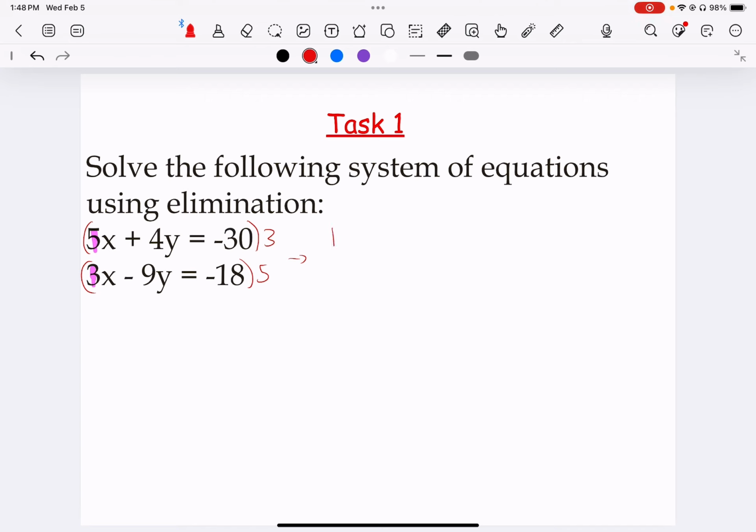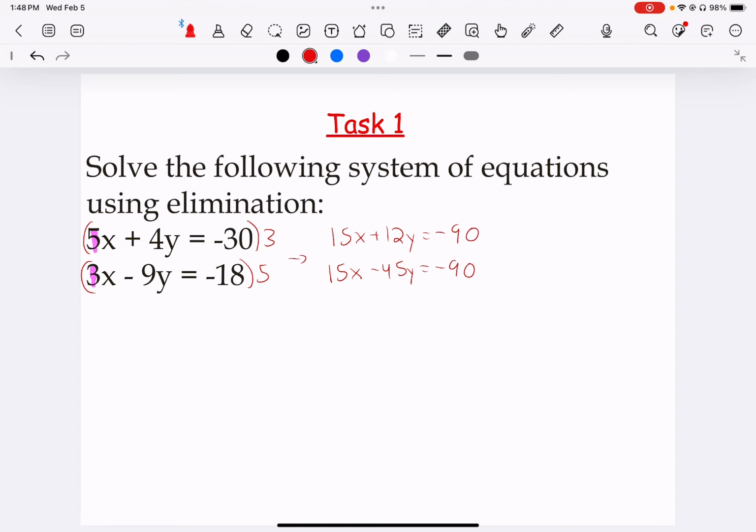So this gives me 15x plus 12y is equal to negative 90. And the bottom equation, 15x minus 45y is equal to negative 90.